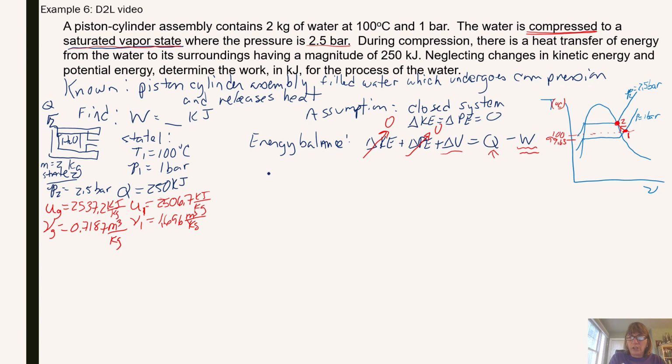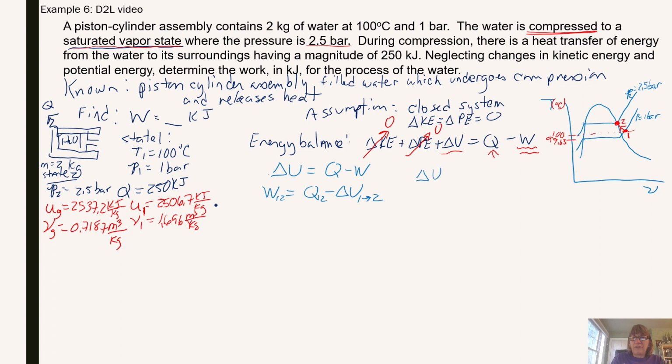We want work, and so I'm going to rewrite this here without the potential and kinetic energy. We want work, so I need to add the work to both sides. And I need to subtract our internal energy from both sides. This is going from state 1 to state 2 in each of these cases, right? And so let's think about our internal energy.